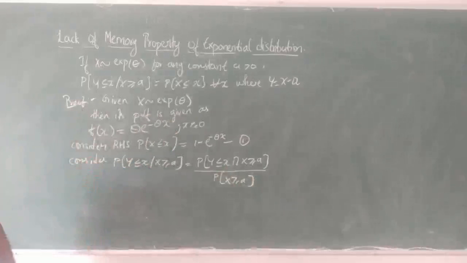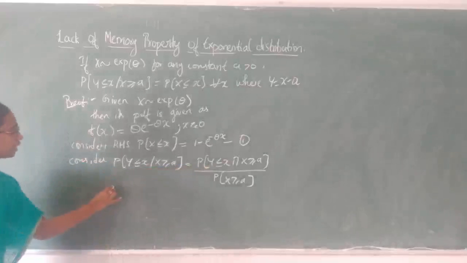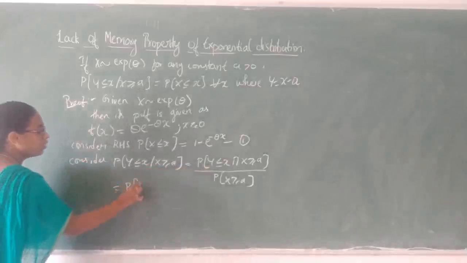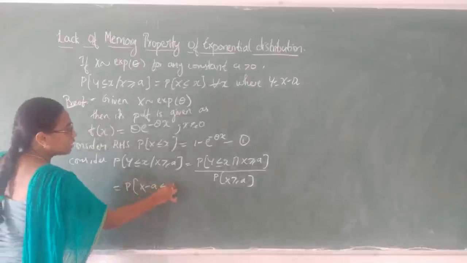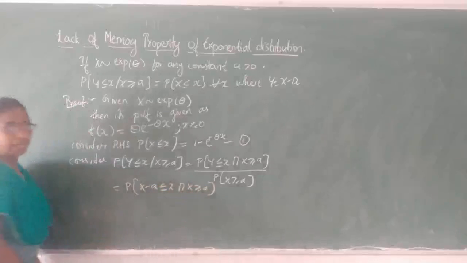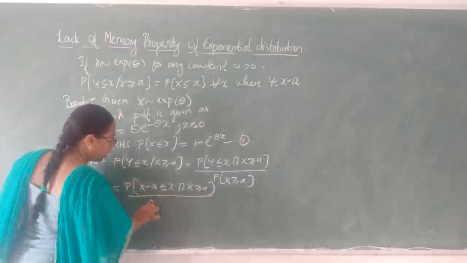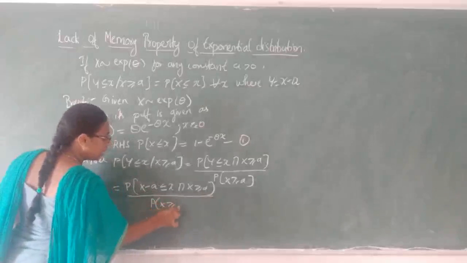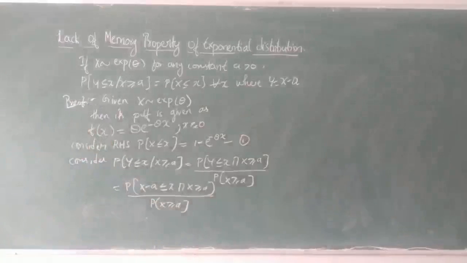Here y means x minus a, so it is the probability of x minus a less than or equal to x intersection x greater than or equal to a, divided by the probability of x greater than or equal to a. Now you have to write the intersection term.